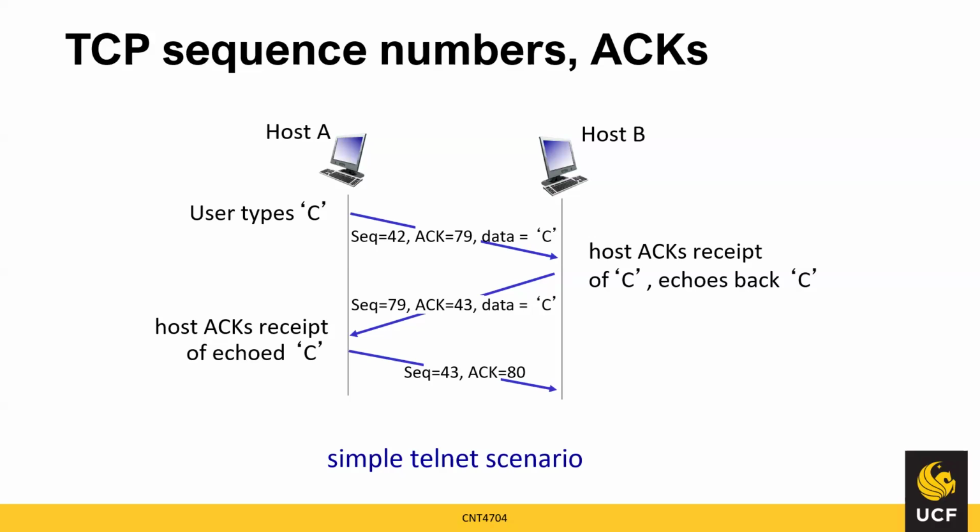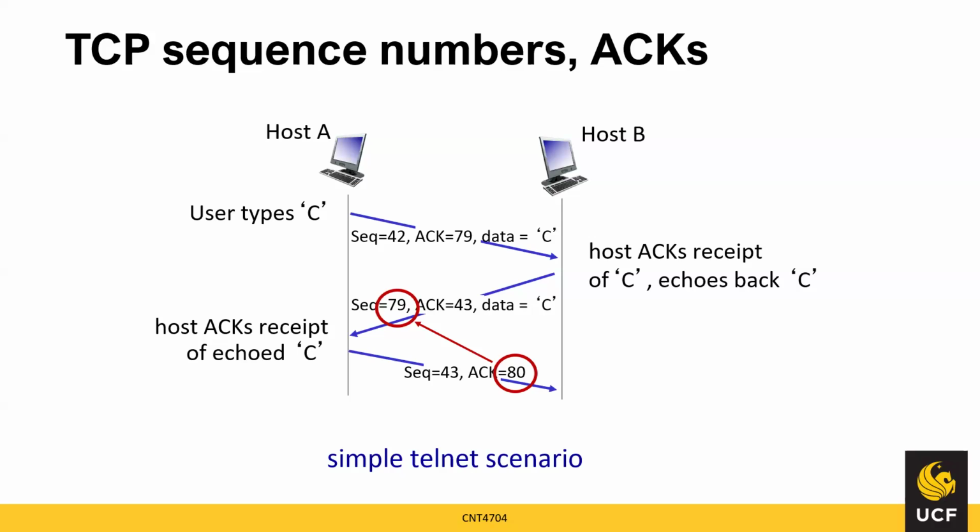Similarly, when host B sends data with a specific sequence number, in this case 43, and it sends back the increment of that. And when host B sends a sequence number that is 79, it would go back and increment it by 1. So the idea gets repeated here. The sequence number is what is getting sent. The acknowledgement is an increment of that original sequence number.